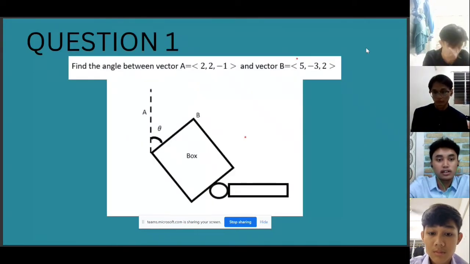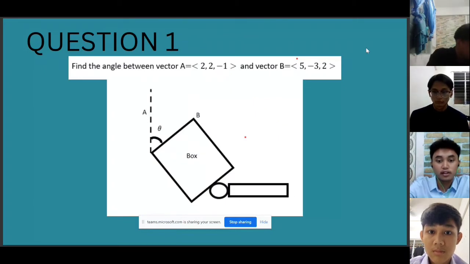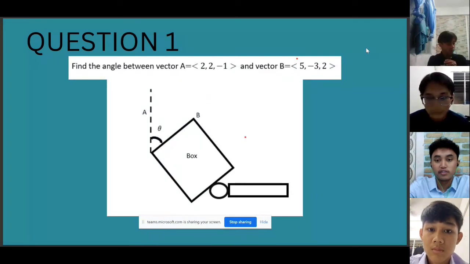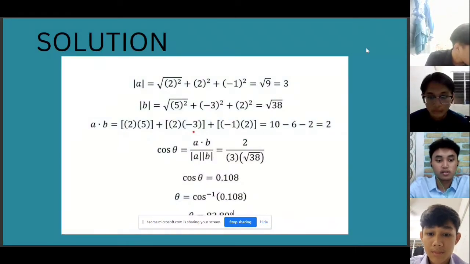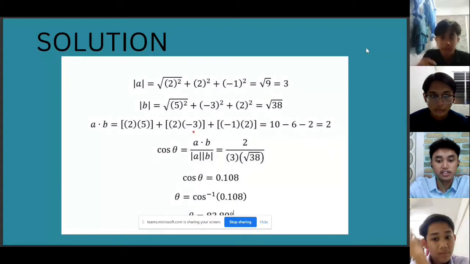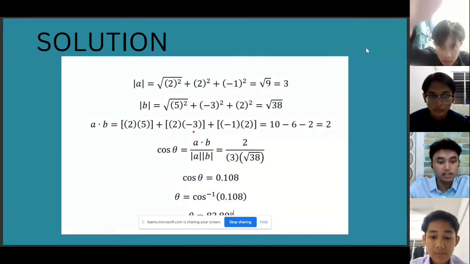Question 1 is: find the angle between vector A with components 2, 2, -1 and vector B with components 5, -3, 2. This is the solution. First, let's find the length of each vector.